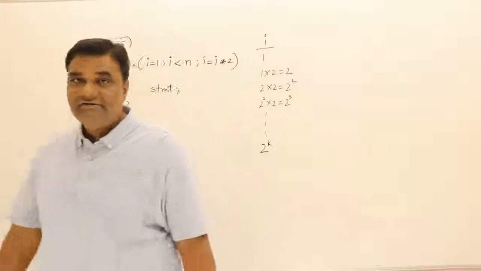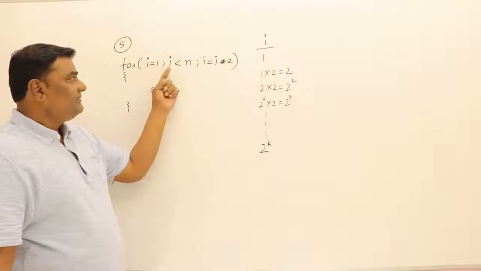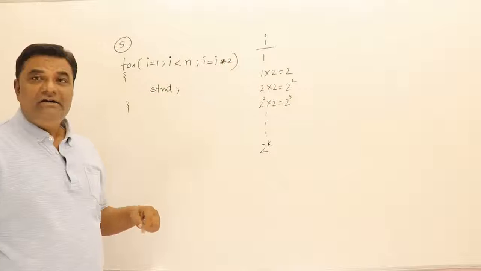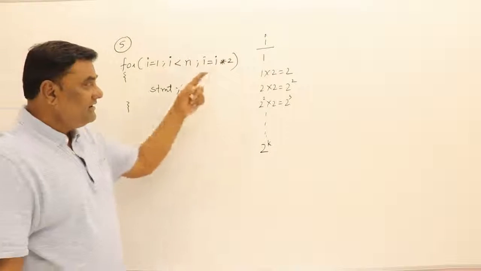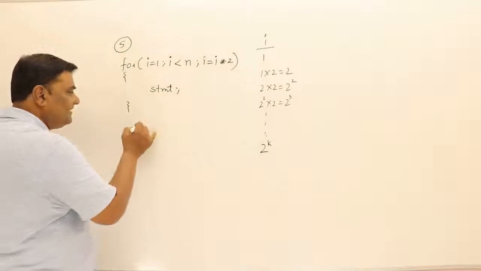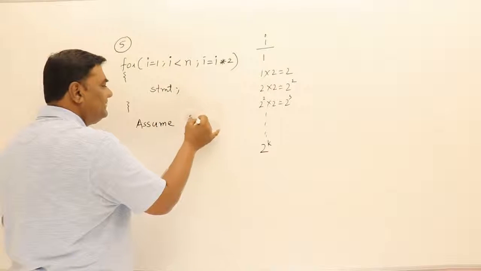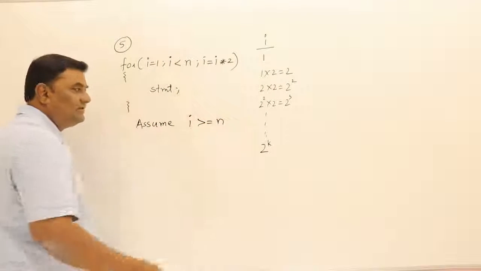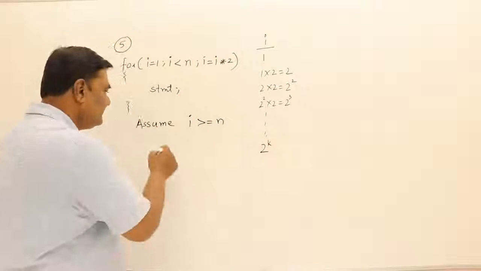Now, we know that this will terminate when I becomes greater than or equal to n. So we assume that when it has repeated for some k number of times, I became greater than or equal to n. And what is our I value? 2 power k.